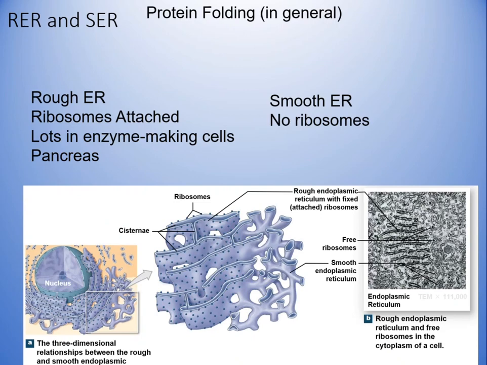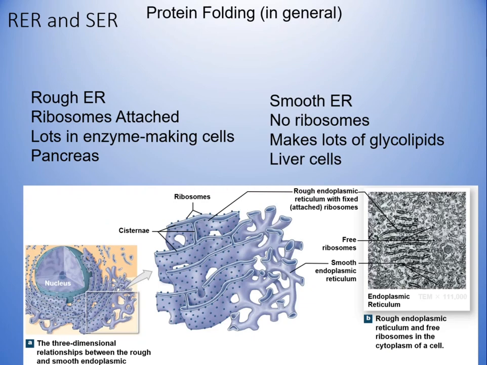It's a bad joke. The smooth ER is called as such because it doesn't have ribosomes attached. It does look like more of a webbing, and the rough ER, to me, looks more like a maze. The smooth ER likes to make lots of glycolipids. These are big molecules. We mentioned them. They like to cover the outside of the cell.